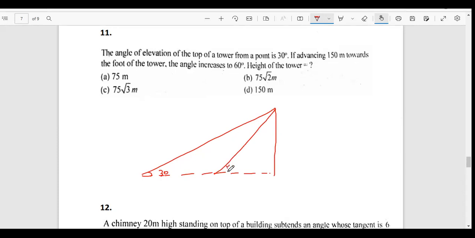Okay, now this angle has changed to 60 degrees and this is what you need to find. The height of the tower basically. Please try doing this question.